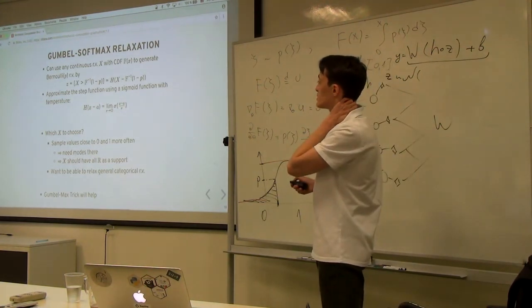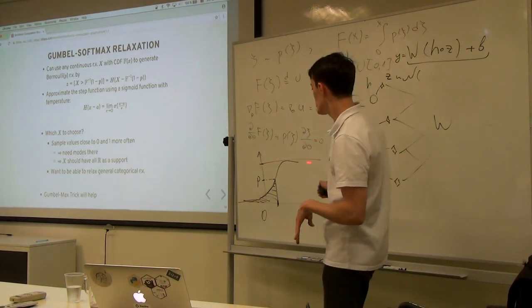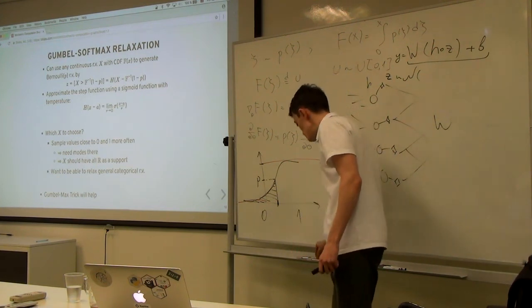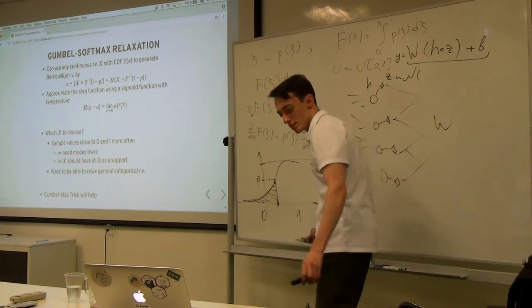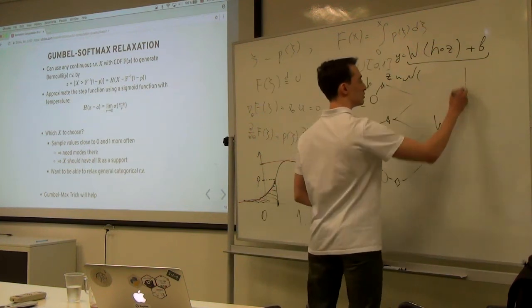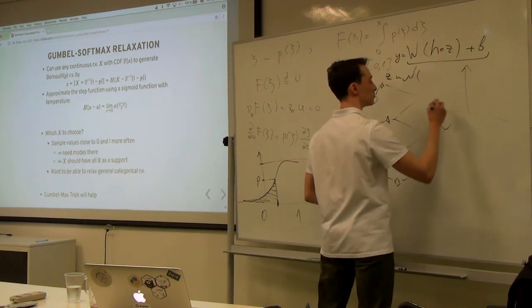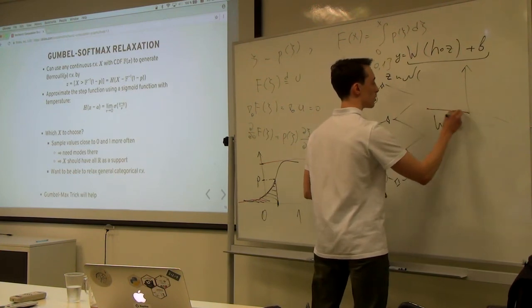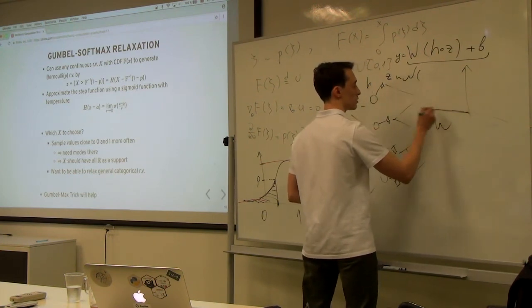What we'll do then is that we replace this step function with a sigmoid, a sigmoid with a temperature. What we want to approximate is this function.